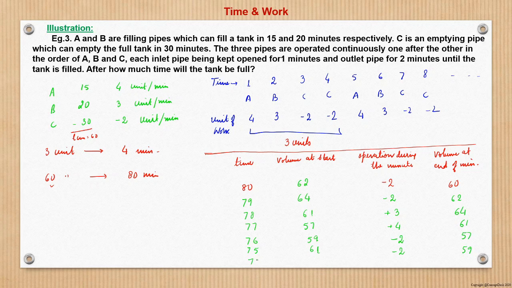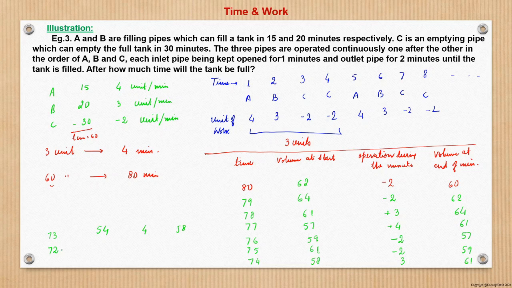Then during the 74th minute, the end volume would be 61. The operation during the 74th minute is +3 units, so start would have been 58, right? Now similarly, for the 73rd minute, end would have been 58, the operation during this is +4, so this would have been 54.